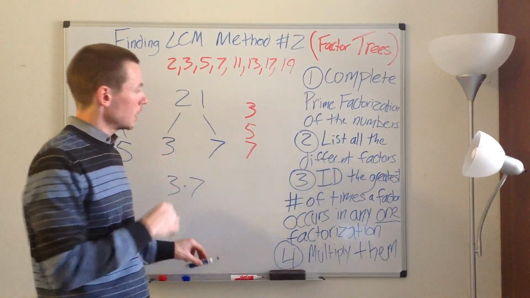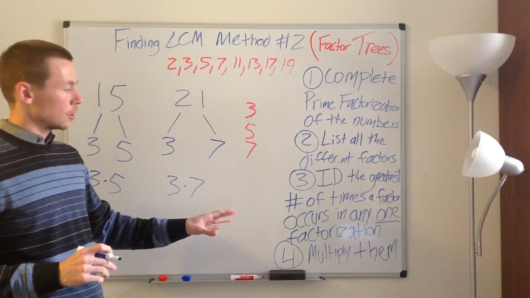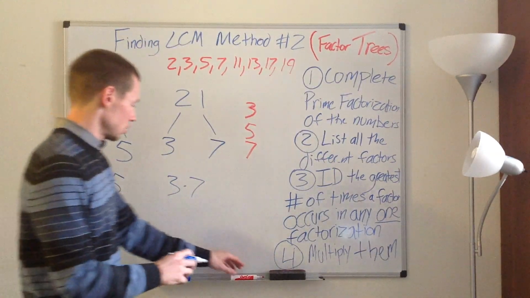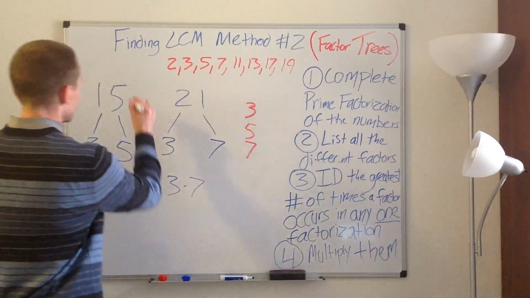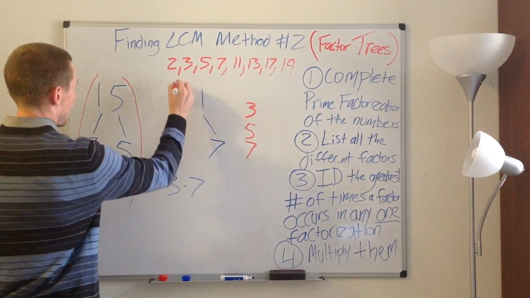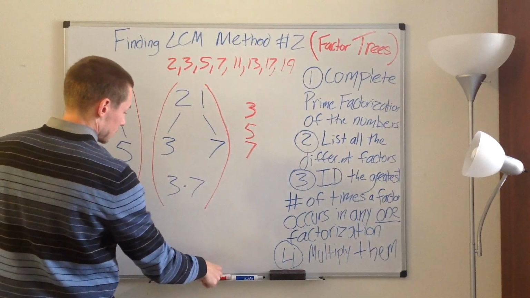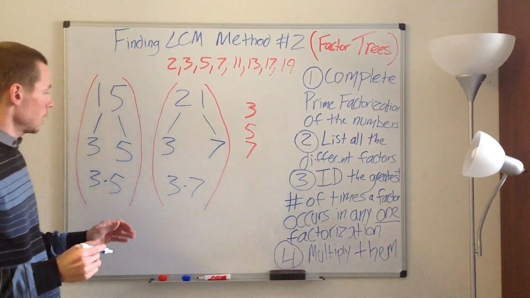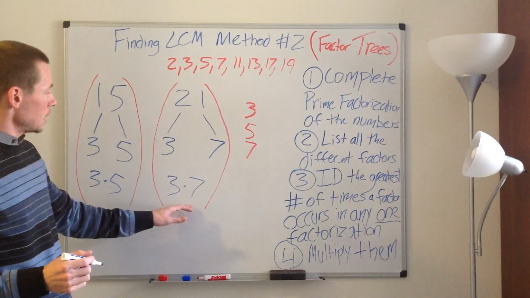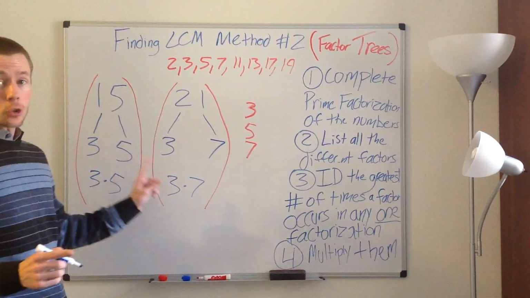Step 3 is ID the greatest number of times a factor occurs in any one factorization. So again, to highlight this, I'm going to separate both of these. So how many times does the 3 occur in any one factorization? Just once.